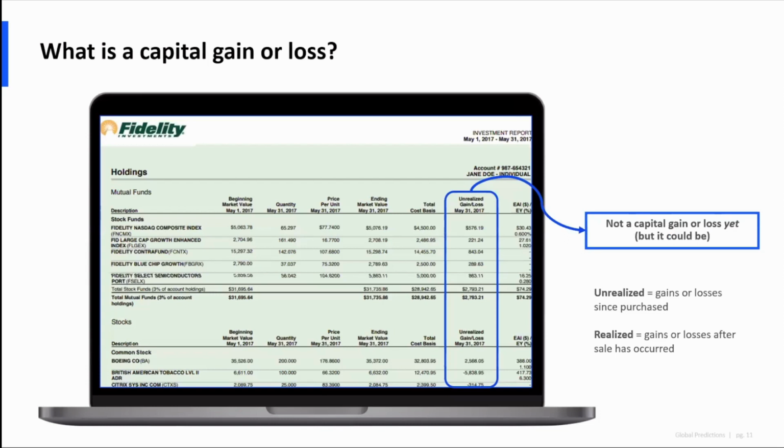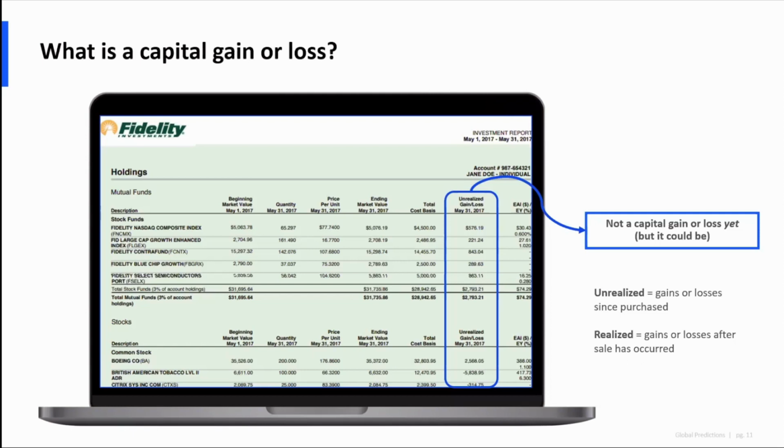So all of you are probably able to access a screen like this for your brokerage, assuming that you are invested in markets. You'll go to something like this Fidelity example, and you can click on your positions, and you can see whether they've gone up or down. The important thing to note in terms of capital gains is you're not actually paying any capital gains on these profit and loss statements.